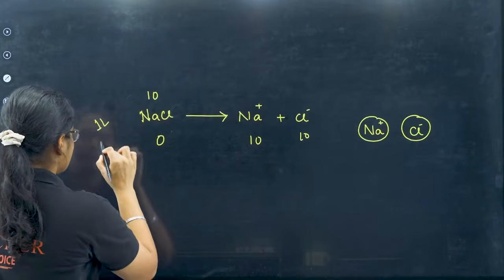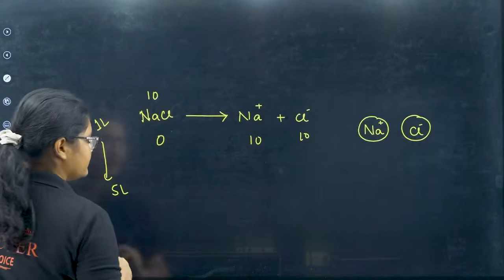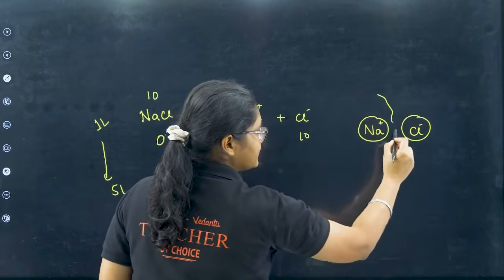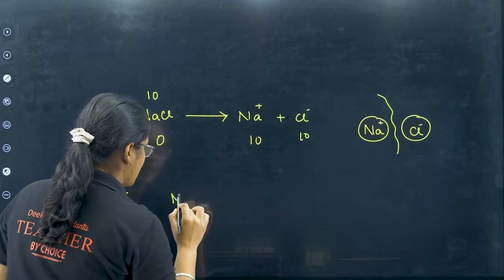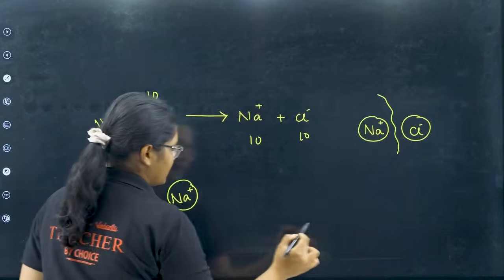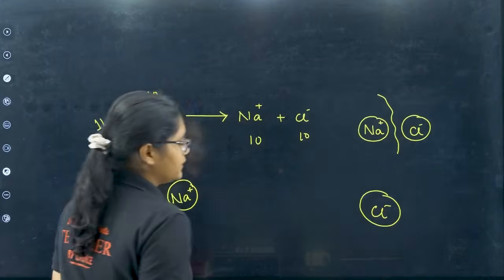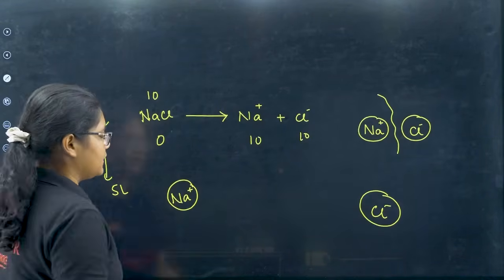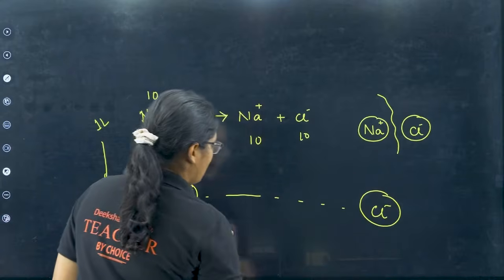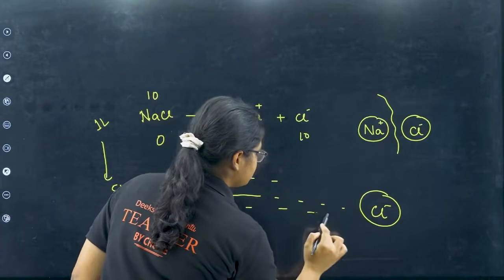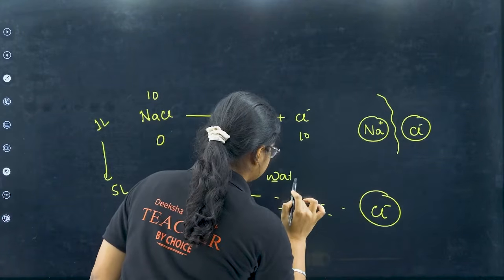Now if I add 5 liters of water, the water will flow inside. Then I will have Na plus here and Cl minus somewhere here. In between there is water.